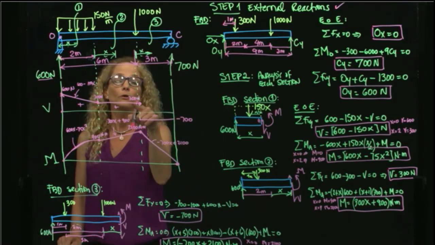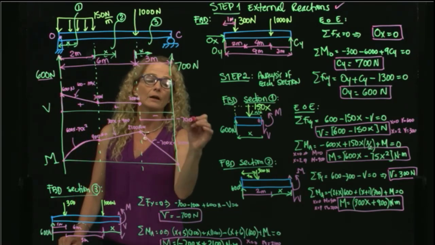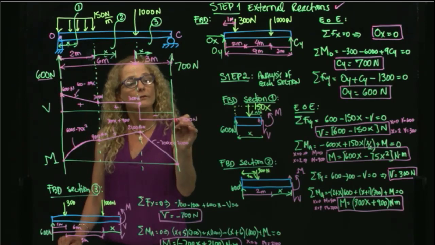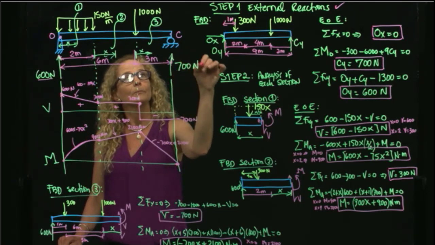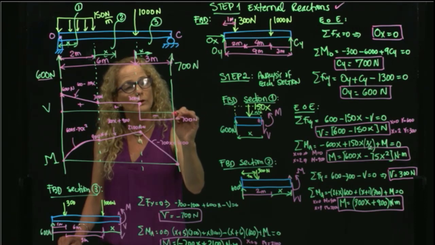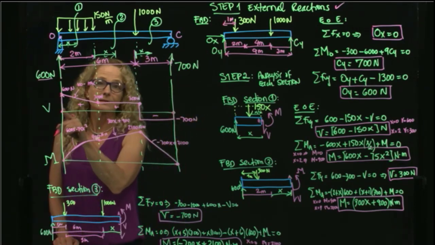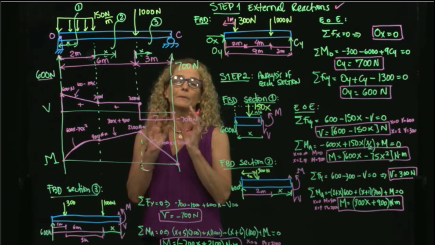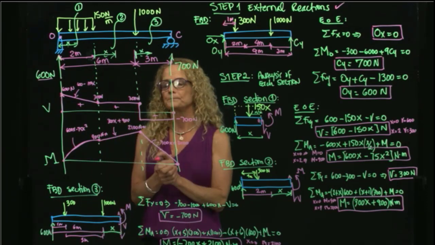Here too, I go from 300 to negative 700, right? So therefore I have a discontinuity. And here I go from 700 with this concentrated load, I go to 0. So my graph starts at 0 and ends at 0. That's one way to check that my diagrams are correct.